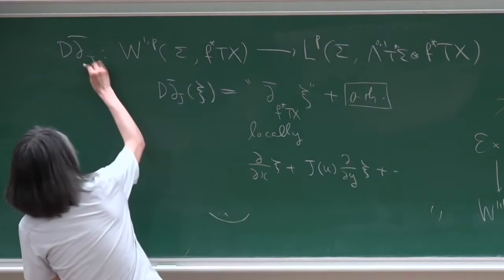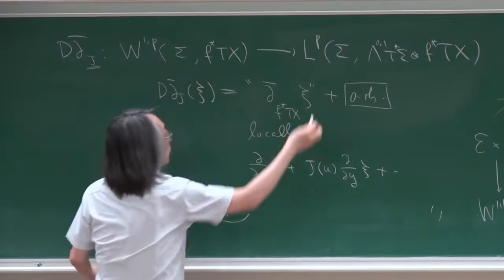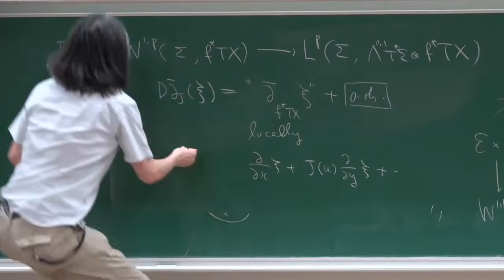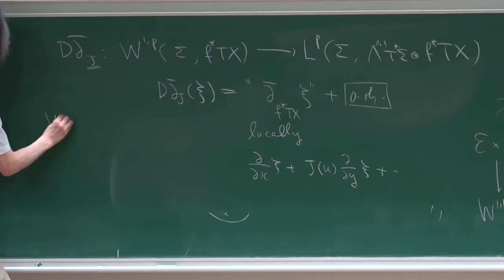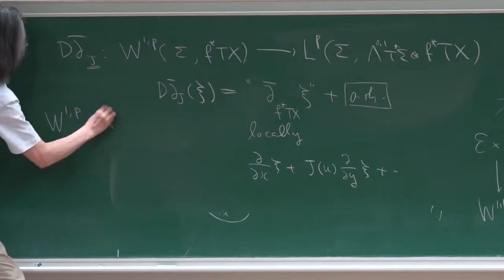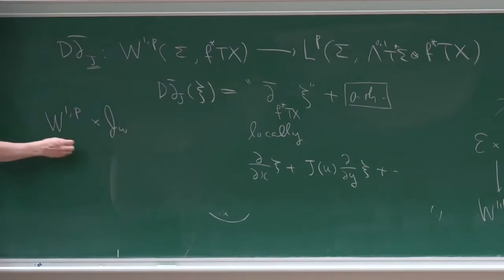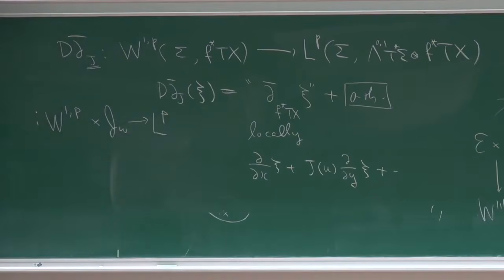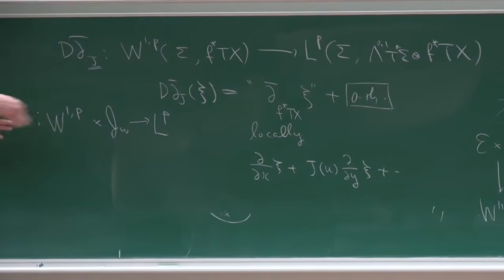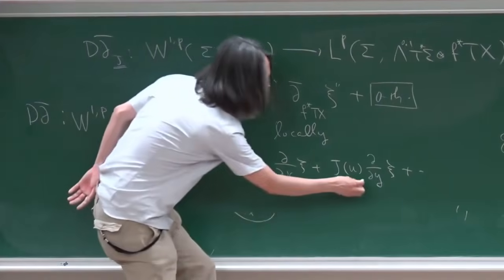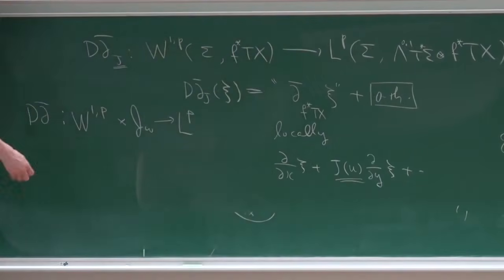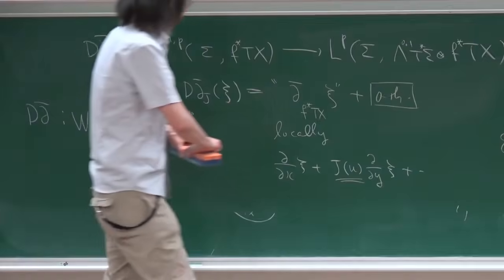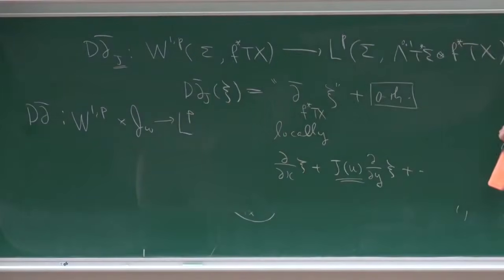Now if you fix J, then it may not be surjective. But now we consider W1P and J omega, to this LP. So we just add this part, right? So there is more variation. Therefore, we can actually change this.